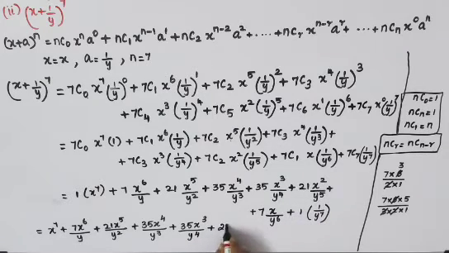So that is 21 x square divided by y power 5 plus 7x divided by y power 6 plus 1 into 1 by y power 7, so it will become 1 by y power 7. So this is the answer for your first question, second subdivision.